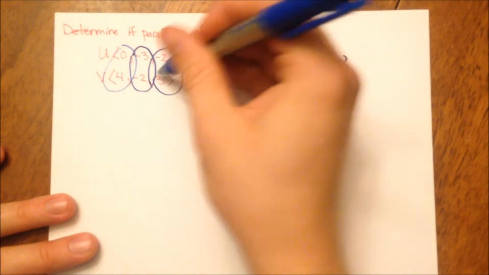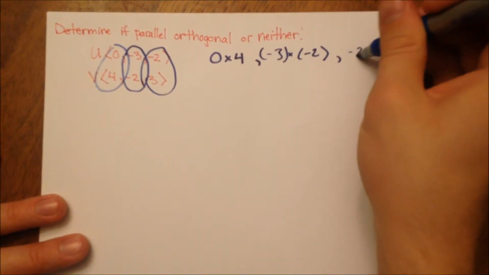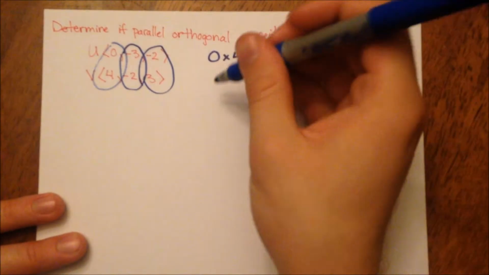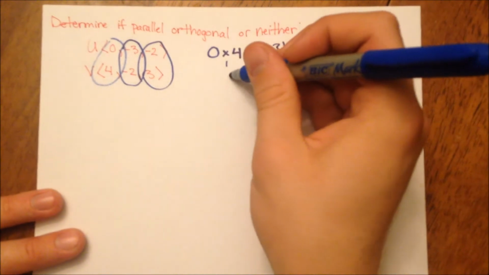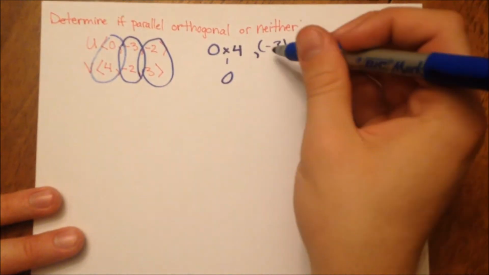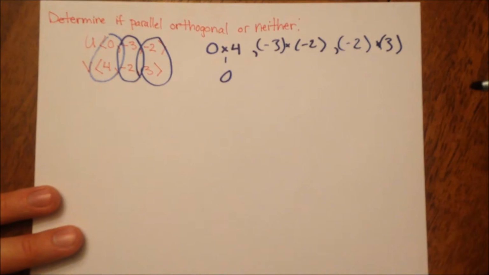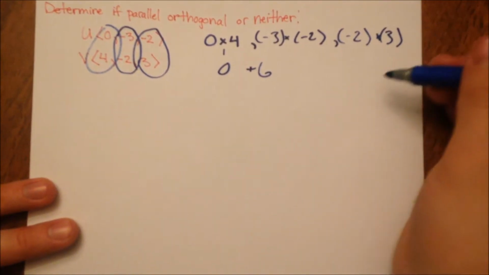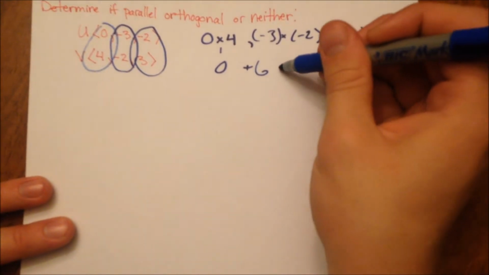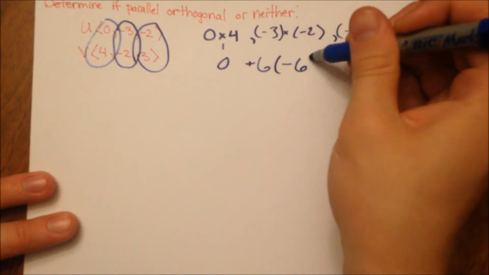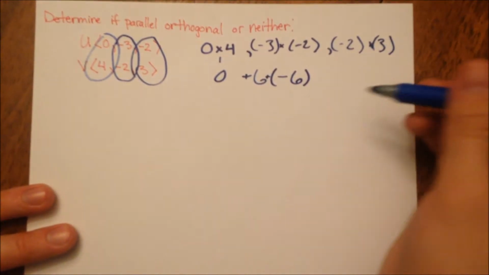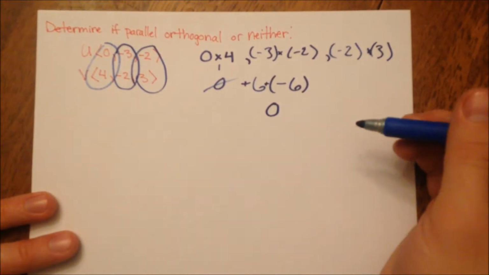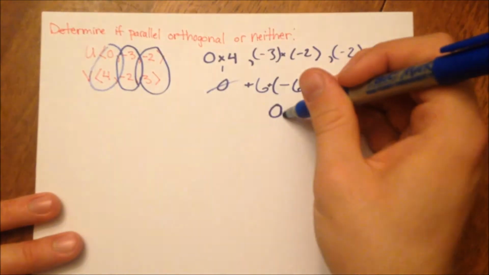And then our third set will be -2 times 3. And then when you simplify that down, 0 times 4, anything times 0 is 0. And then -3 times -2 equals +6. So we're going to have the 0, the 6, and then our last set is -2 times 3 is -6. And then whenever you add these together, 0, you can forget that. That 6 and -6 cancel out, equals 0, which means that this is orthogonal.